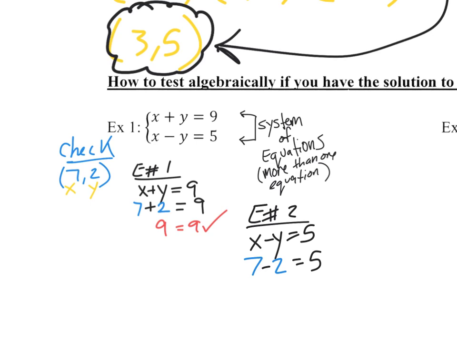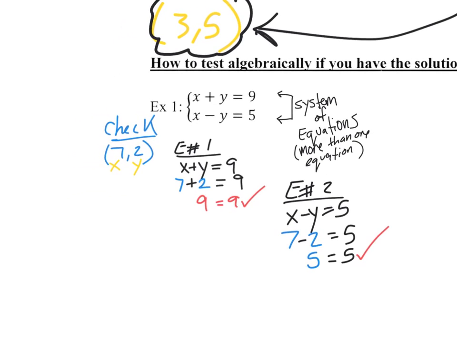And we're going to simplify. On the left side, we have 7 minus 2, which is 5. And we get the equation 5 equals 5, which is a true statement. So if you get a true statement for both of your equations, then we have confirmed that 7, 2 is a solution to that system of equations.